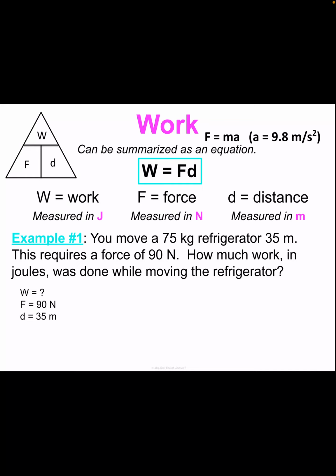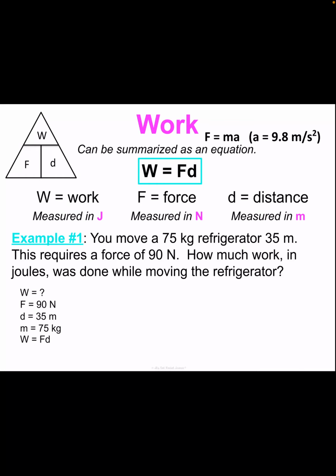Now, I am going to write down that my mass is 75 kilograms, but really all I need is this equation right here. W equals F times D. So although the 75 kilograms was given to me in the problem, I honestly don't even need it because it told me what the force was already. So I'm just going to go ahead and plug in F times D. All right.